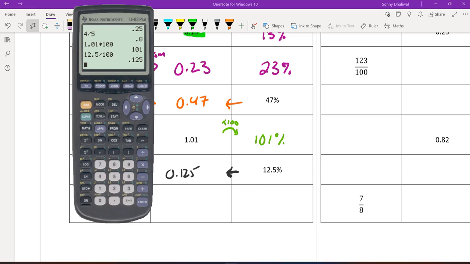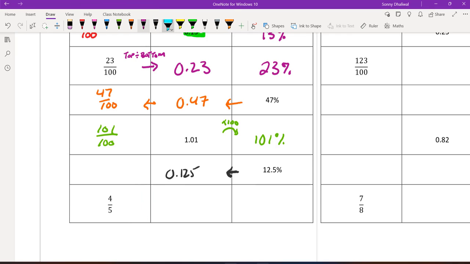Or you might be getting in the habit of noticing we just move the decimal places 2 to the left. Okay, what would that be as a fraction? 12.5 over 100. You take your percentage, you write it over 100.